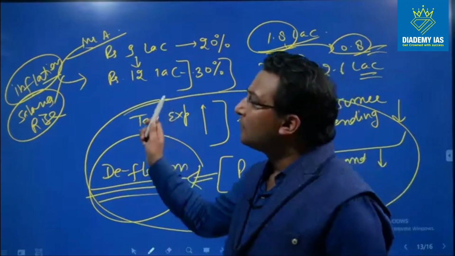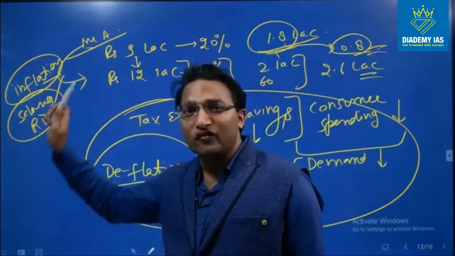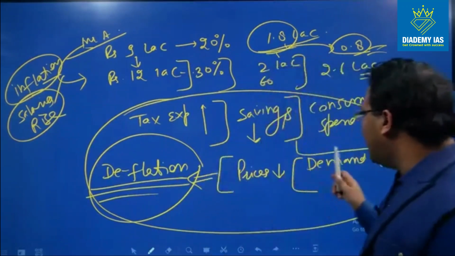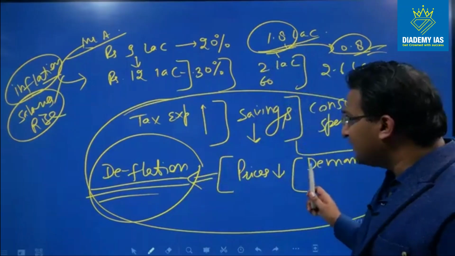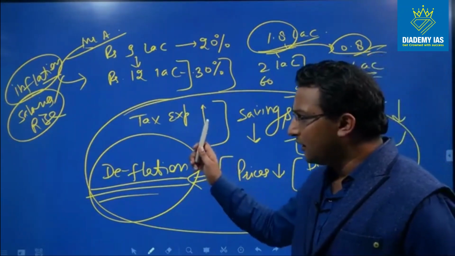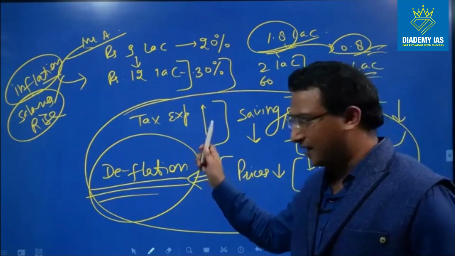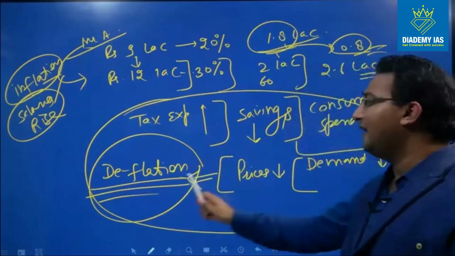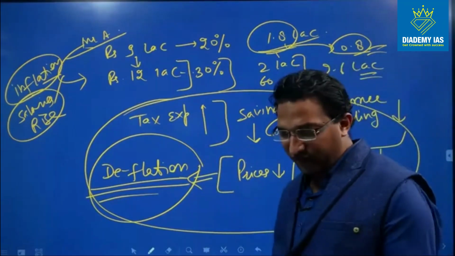So when, primarily because of inflation and because of the income growth, the overall tax spending of the person increases as progressive taxation is in effect, ultimately leading to the reduction in consumer spending and deflation. So this is called fiscal drag.